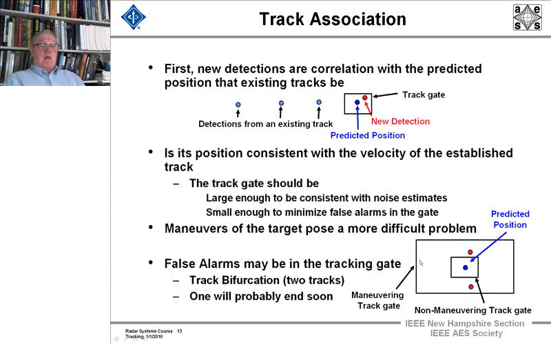And so you have what we call a maneuvering track gate, which we also use for targets that can maneuver. And then we look and see, is there anything in the maneuvering gate that might give us a problem? Like, in other words, this target is in the gate, but actually the real target is over here and is heading off in that direction. So false alarms may be in the tracking gate, and one of the things you can do is bifurcate the track.